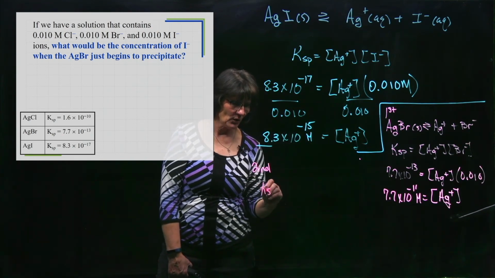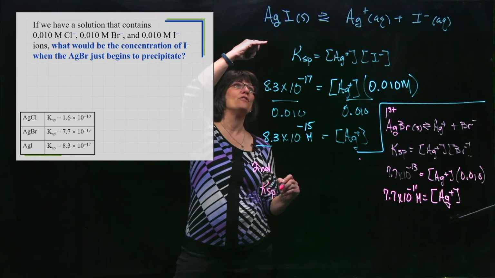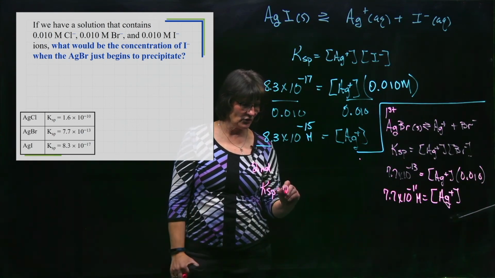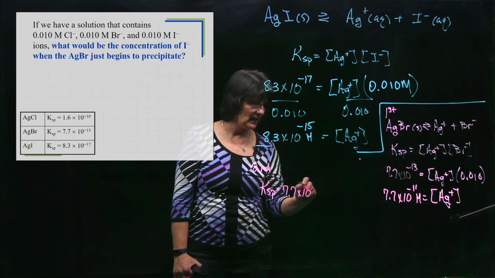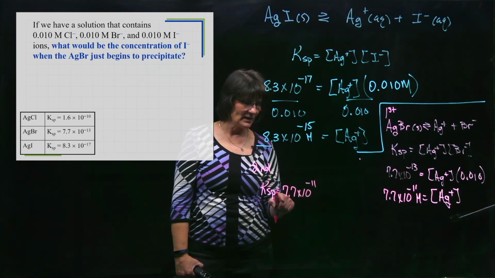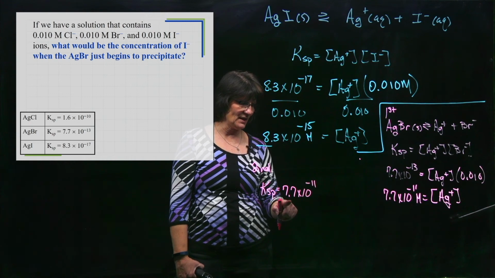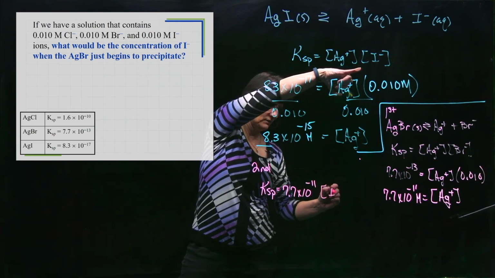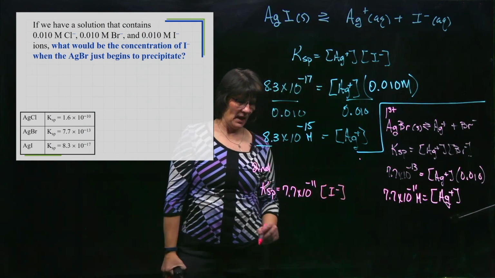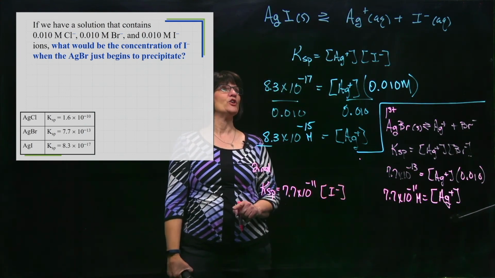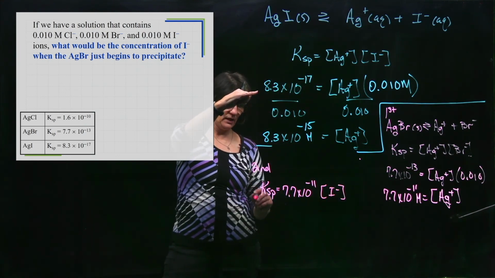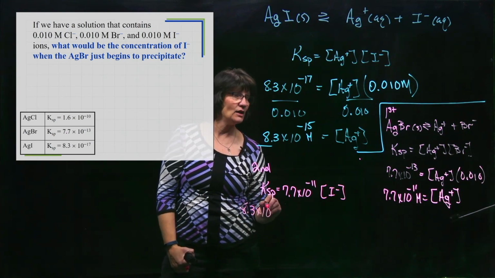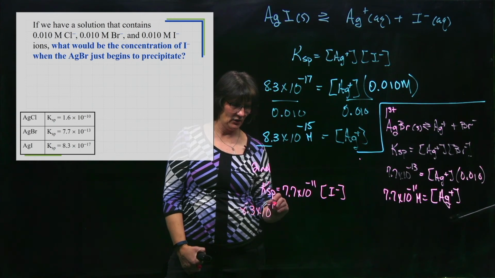So we're going back to our KSP for this reaction. Okay, and we're going to plug this concentration in because now I know that in this test tube I have gotten my silver concentration up to this number, and I want to know, well, then what is the I minus concentration? Putting in my KSP value, which was 8.3, let's go ahead and put the 8.3 times 10 to the minus 15 here.